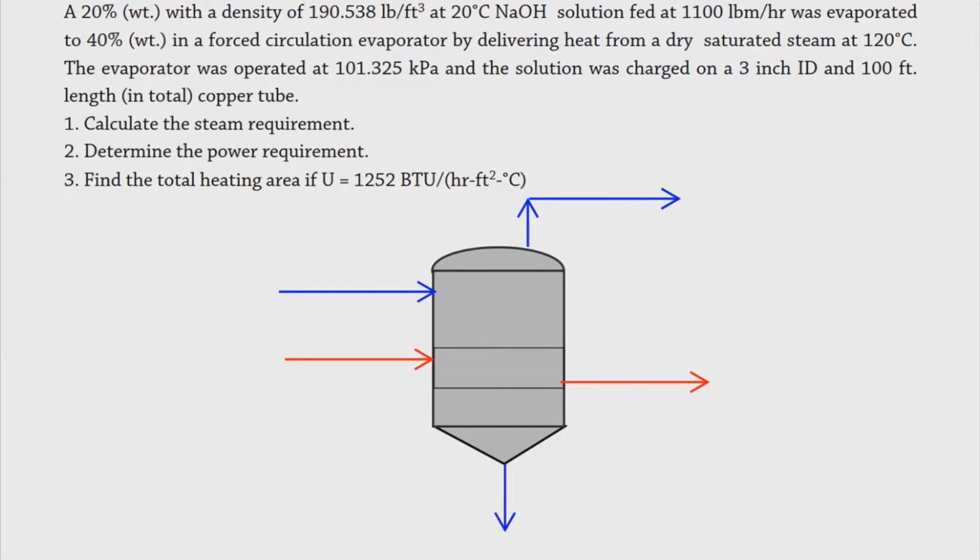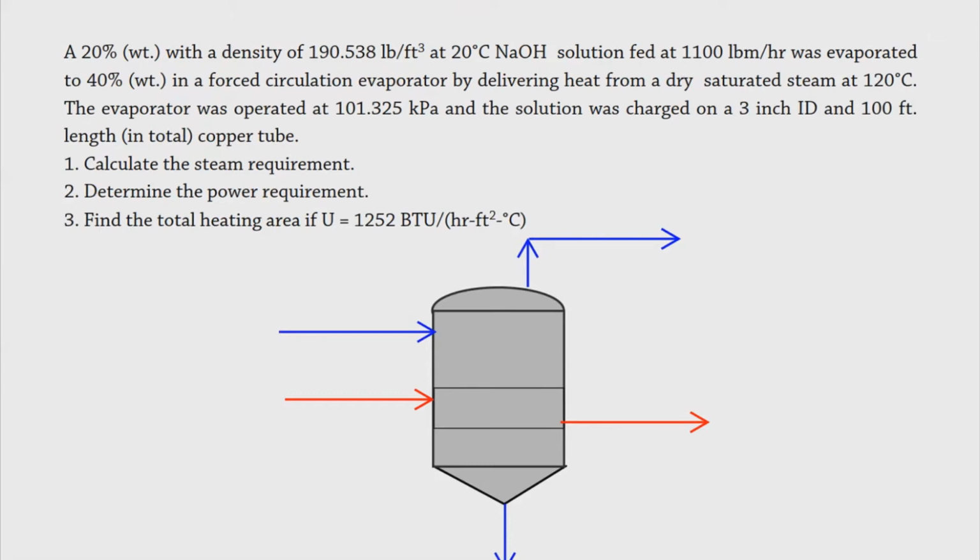Now let's label some parts here. We know that the feed rate is 1,100 pound mass per hour. We'll be using English units to solve this problem. So the feed is equal to 1,100 pound mass per hour, at 20%, so that's 0.2 for the fraction, at a feed temperature of 20 degrees Celsius.